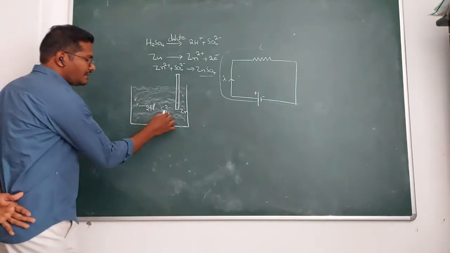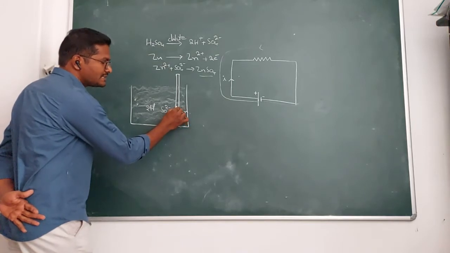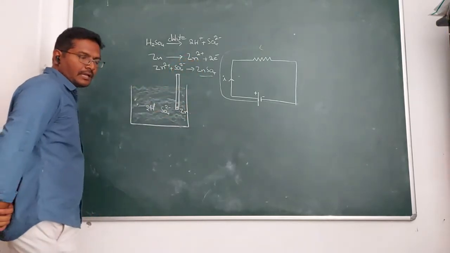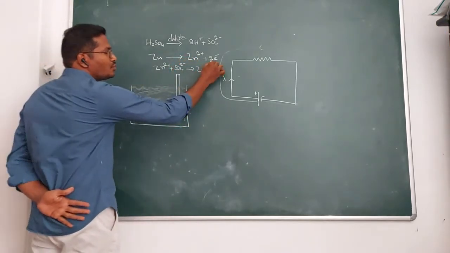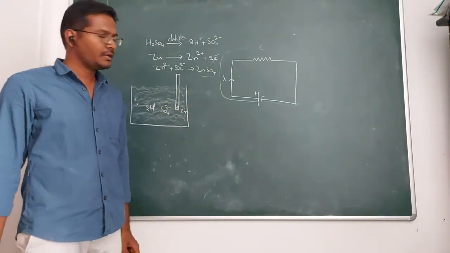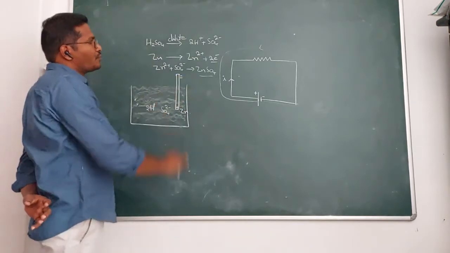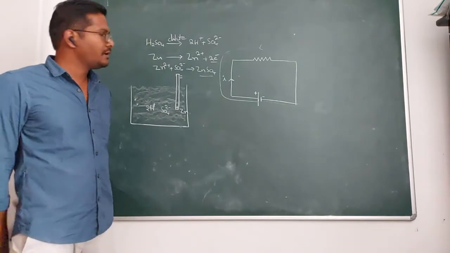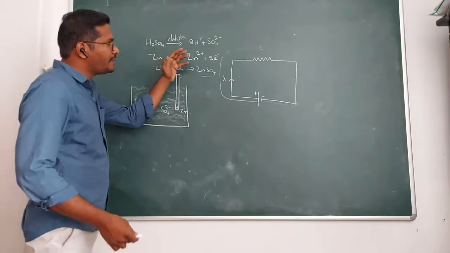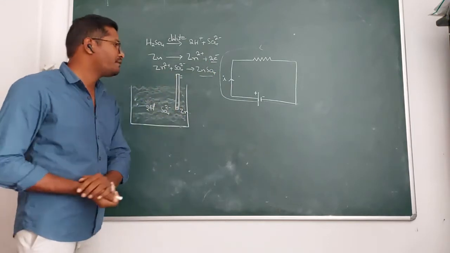When SO4 2 minus mixes with this, Zn becomes Zn2 plus, and when it becomes Zn2 plus, 2 electrons are released from Zn. If another SO4 2 minus tries to mix, another Zn becomes Zn2 plus, and 2 electrons are again removed from the Zn.